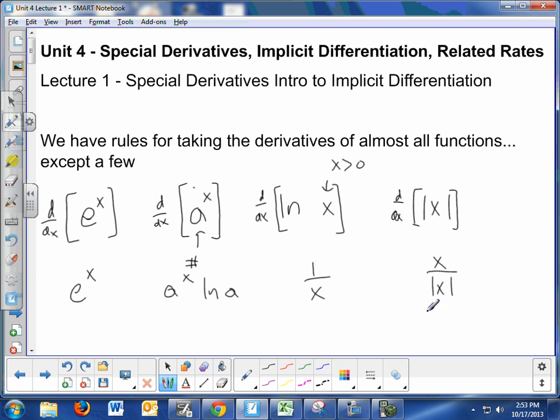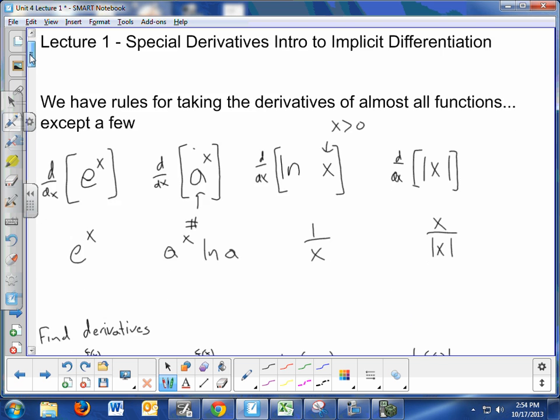It's one of those piecewise functions where it's a constant value to the right of 0, that's 1, and it's -1 to the left of 0. If we look at the graph of absolute x, it's a v. To the right of 0, we have a slope of 1, and to the left of 0, we have a slope of -1. So that produces that. Okay, cool. So those are simple.